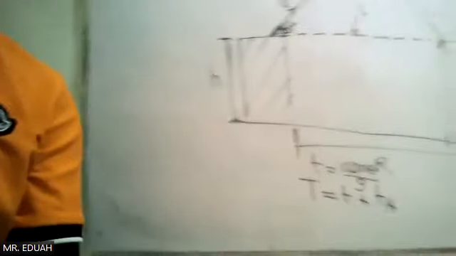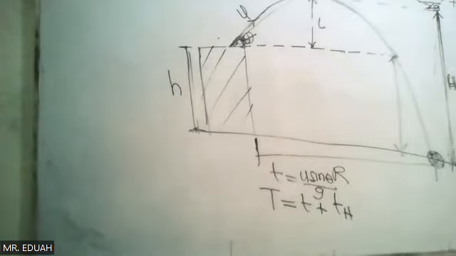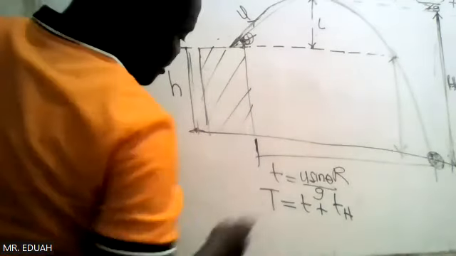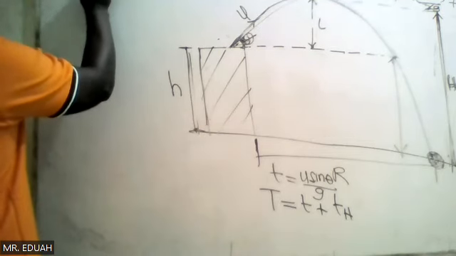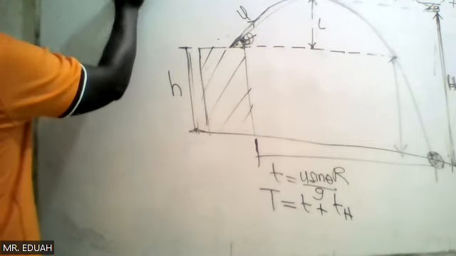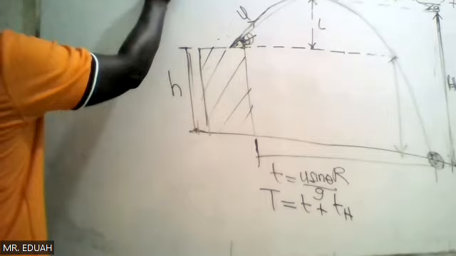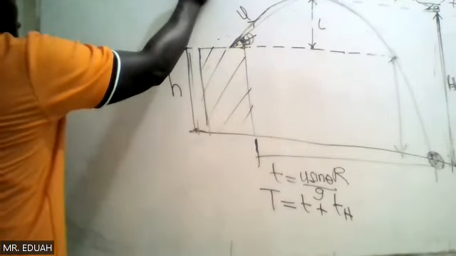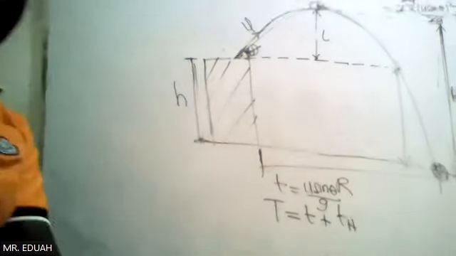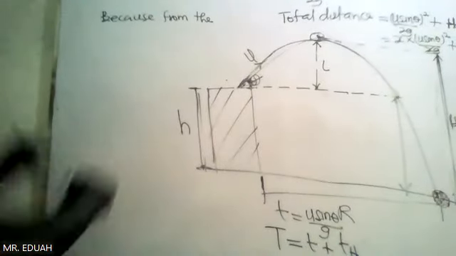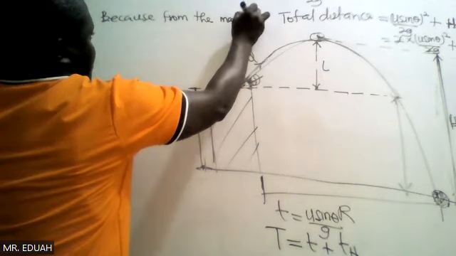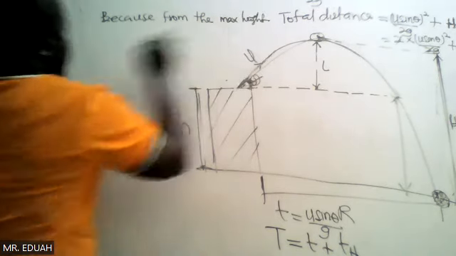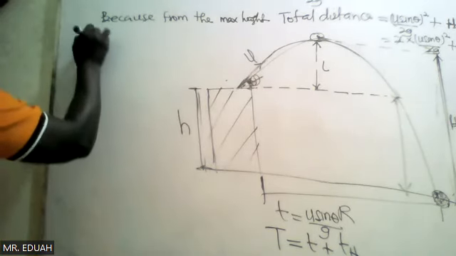I said when the body is dropping from the maximum height, the body free falls. From the maximum height, the body falls freely.